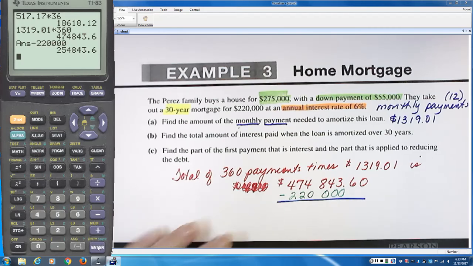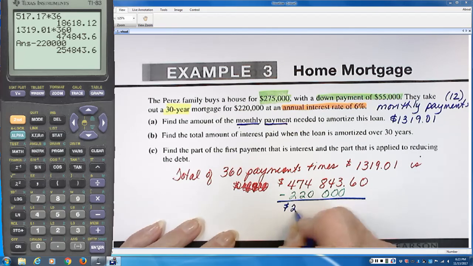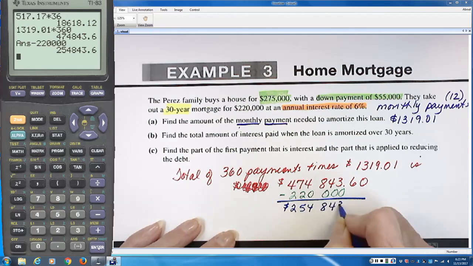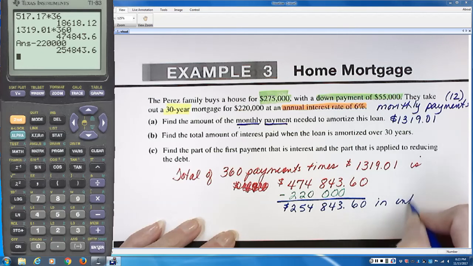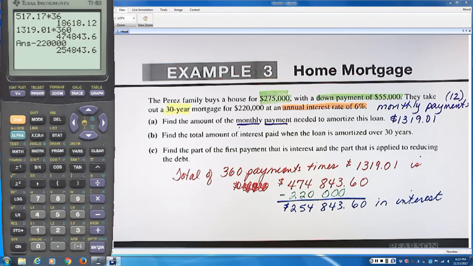So they paid $254,843.60 in interest. They paid more in interest than they paid for the house.